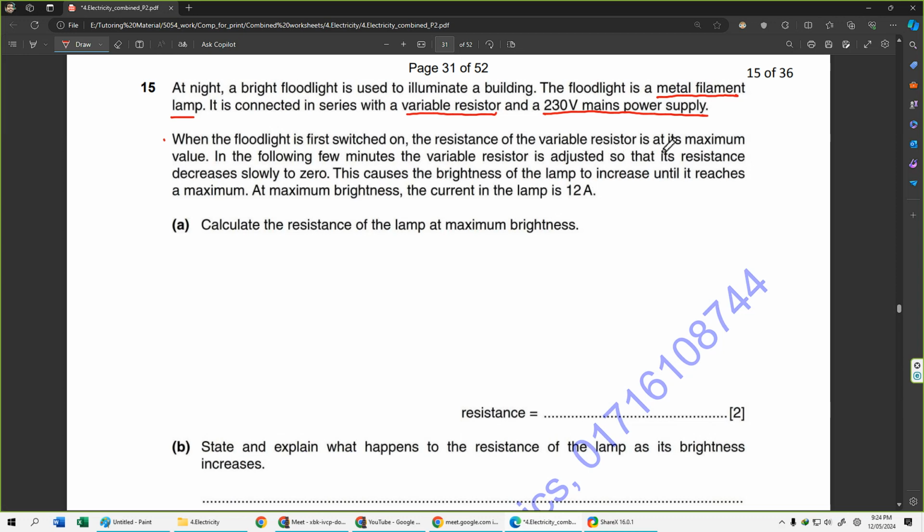In the following few minutes, so it's a long duration, the variable resistor is adjusted so that its resistance decreases slowly to 0. This causes the brightness of the lamp to increase until it reaches a maximum. At maximum brightness, the current in the lamp is 12 ampere.